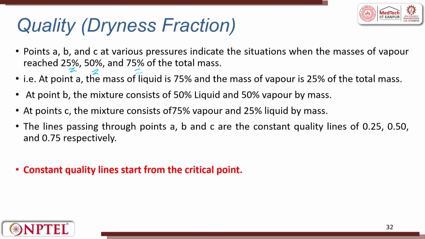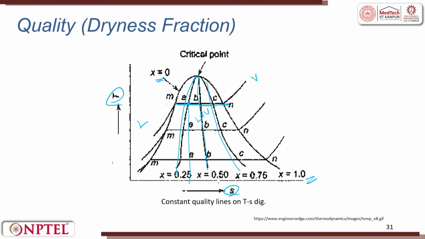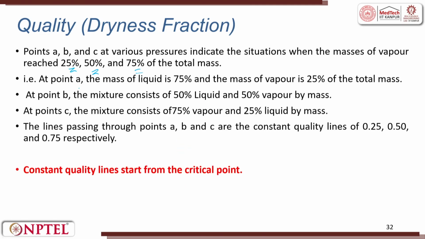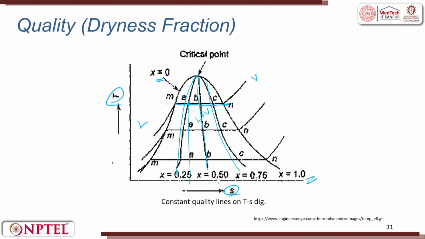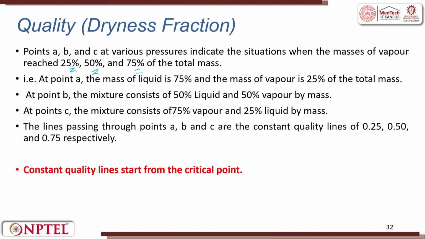When you go down, you can see here 25%, 50% and 75%, A, B and C. At point A, the mass of the liquid is 75% and the mass of the vapor is 25% of the total mass. At point B, it is 50% liquid and 50% vapor mass. At point C, 75% is vapor and 25% is liquid mass.